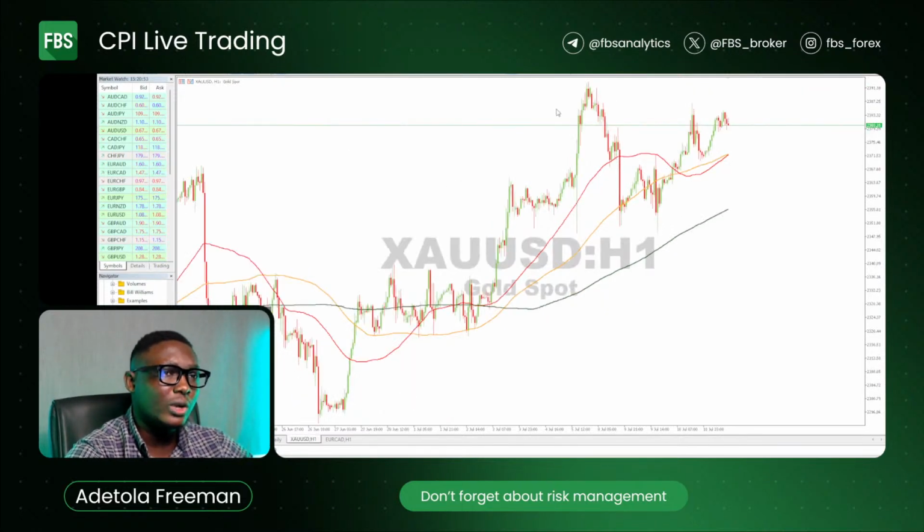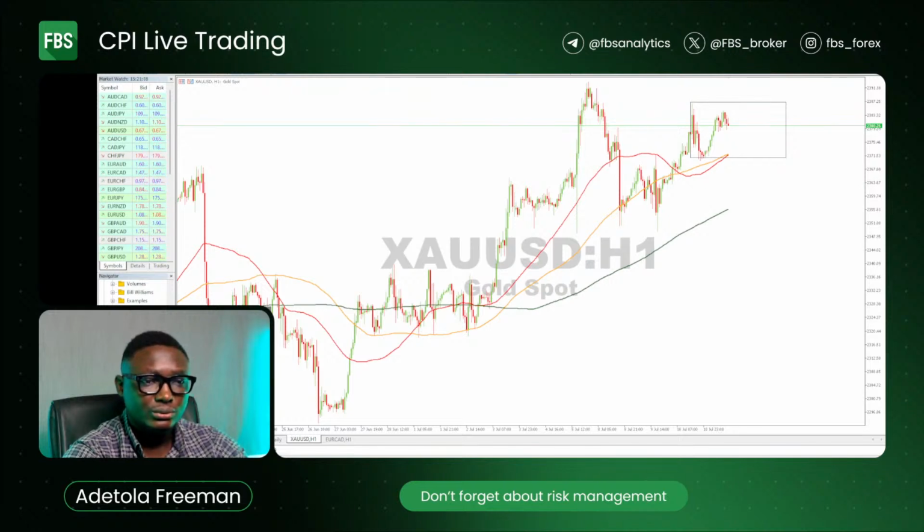Gold on the 1 hour time frame. Gold created a range, you can see that here. Gold created a range, which means that for gold, we can consider using our straddle. Do you guys get me?